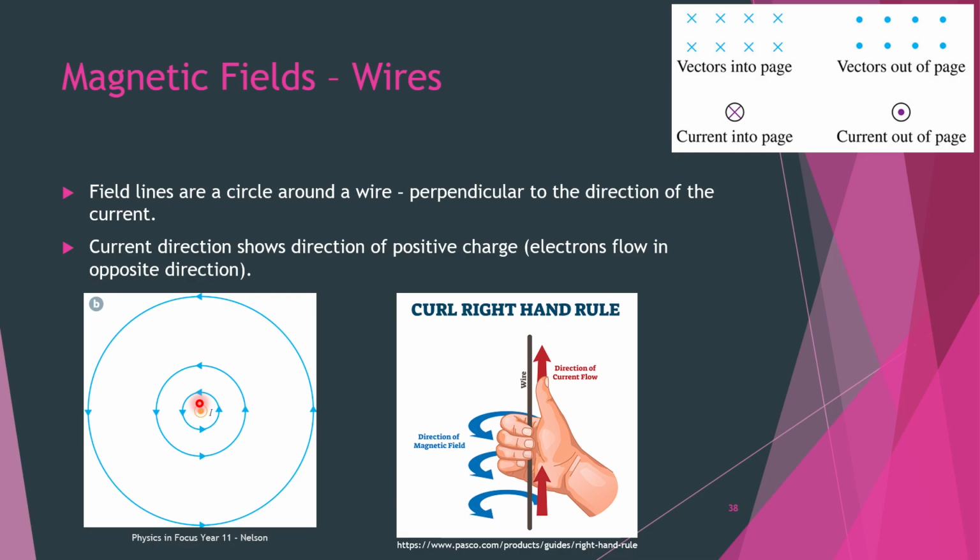Now, interestingly, when we put two wires together, and again, this is the key focus of our practical in our next lesson, if you have two wires next to each other and they are both generating a magnetic field due to their current, the magnetic field generated by one wire is going to influence the other wire and impose a force on it because there is current going through the second wire.